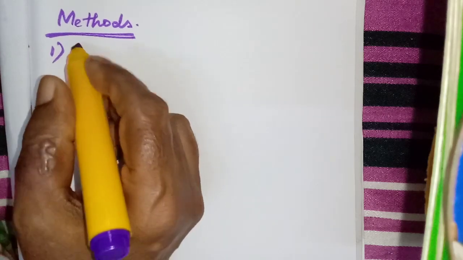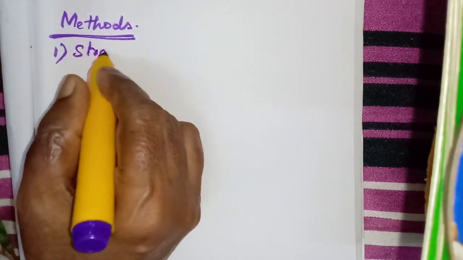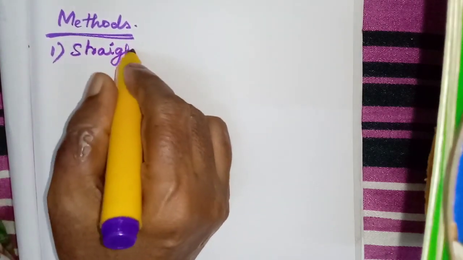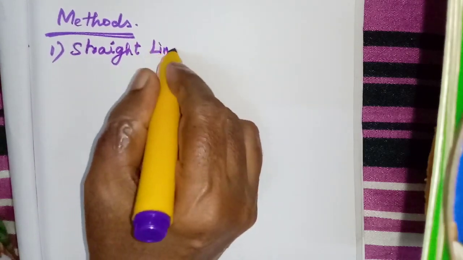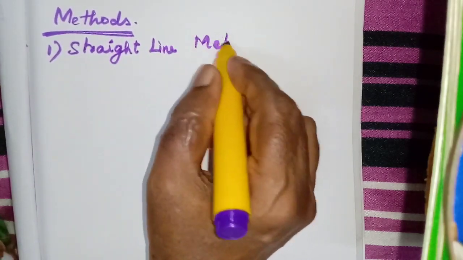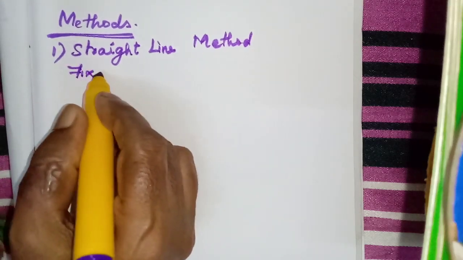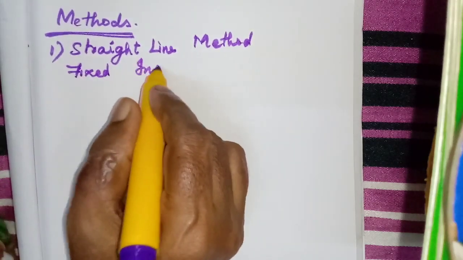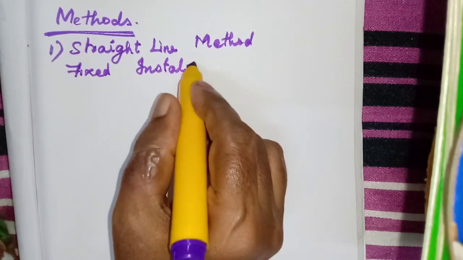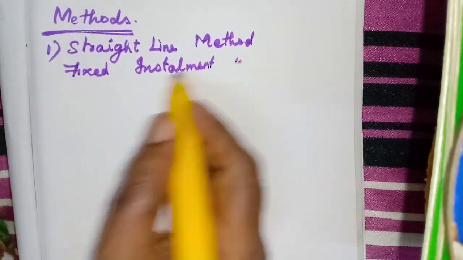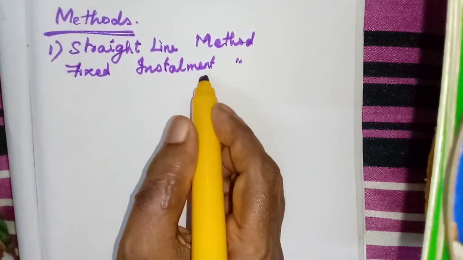Here the first one is the straight line method. It is also called the fixed installment method. From this onwards you have to listen carefully because you are going to learn the problems.